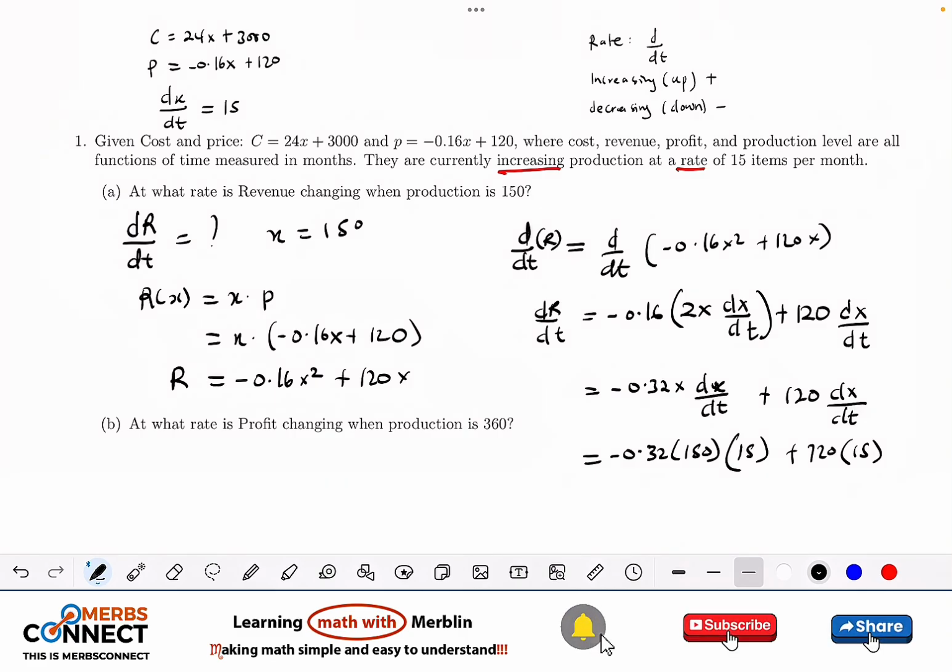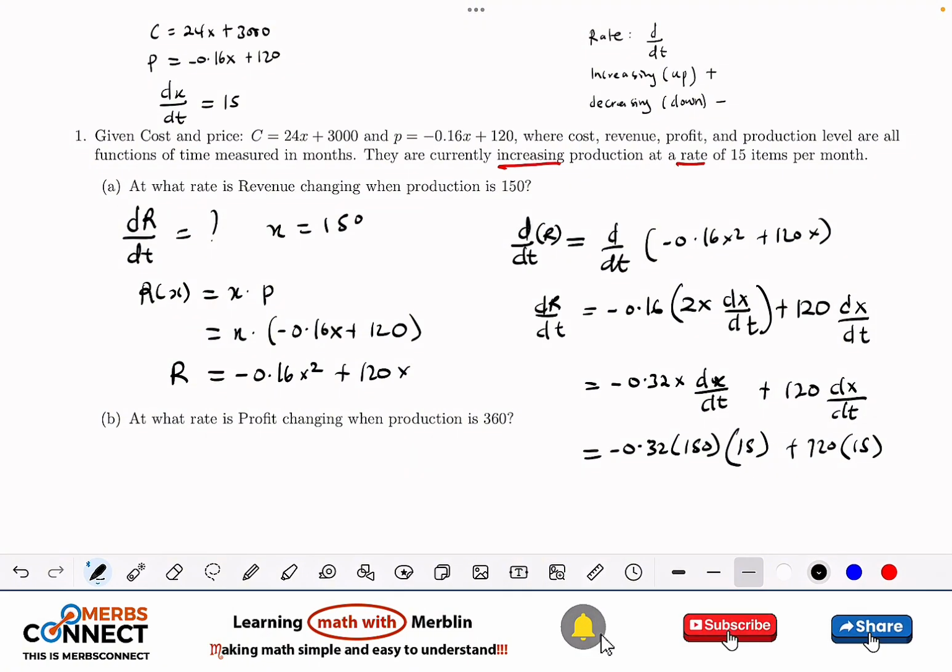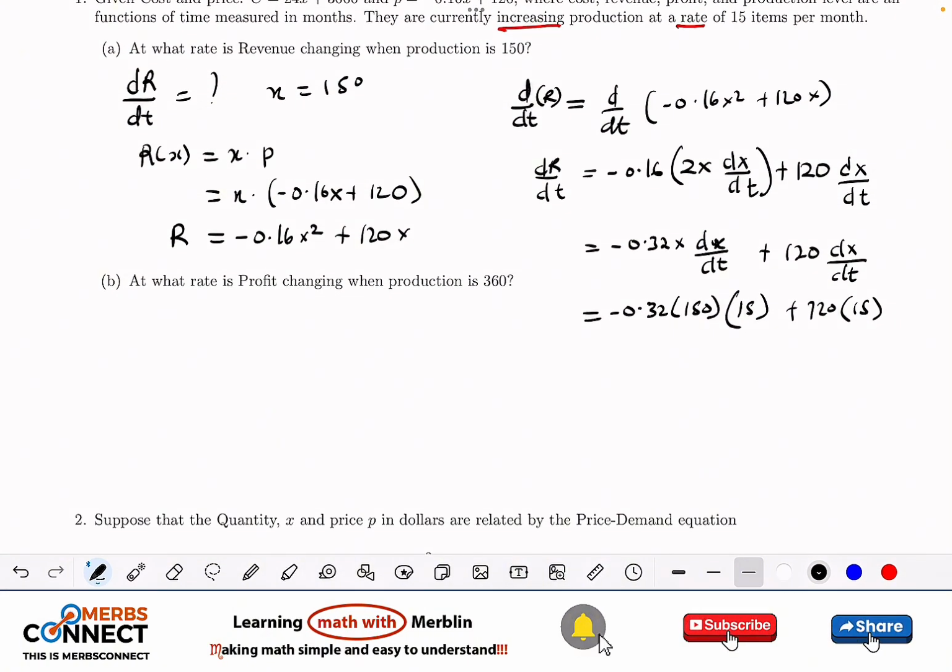So let me try and compute this using calculator, okay? So what are we going to get from here? 0.32 times 150 times 15 is going to give us 720.